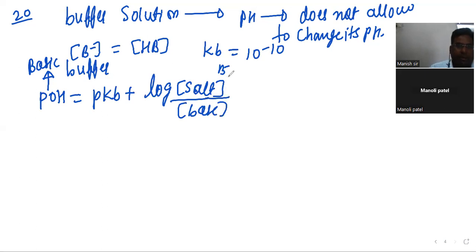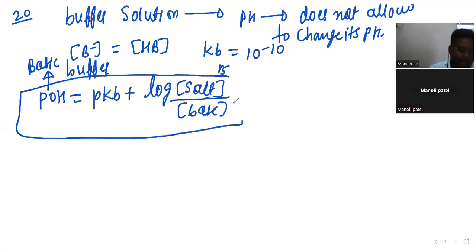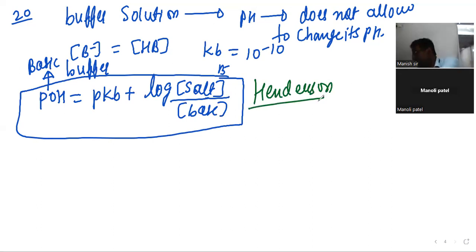This is the basic buffer solution formula, and it is given by the scientist whose name is Henderson. So remember the scientist name also, someone can ask it, right? Henderson equation, right?